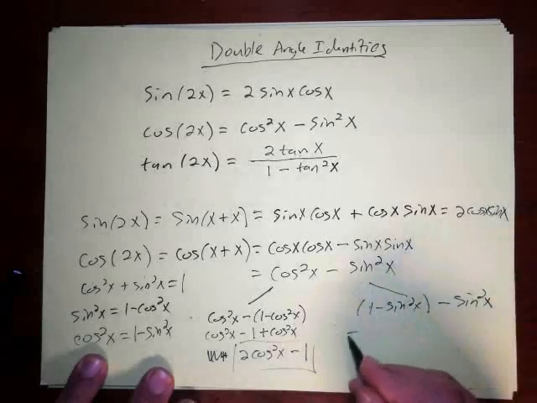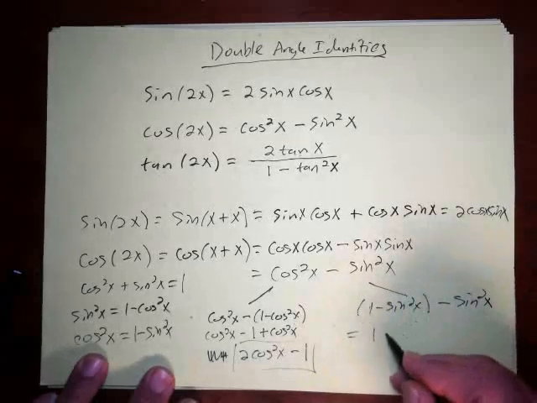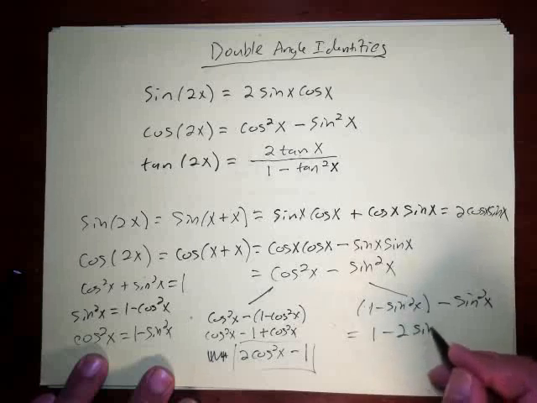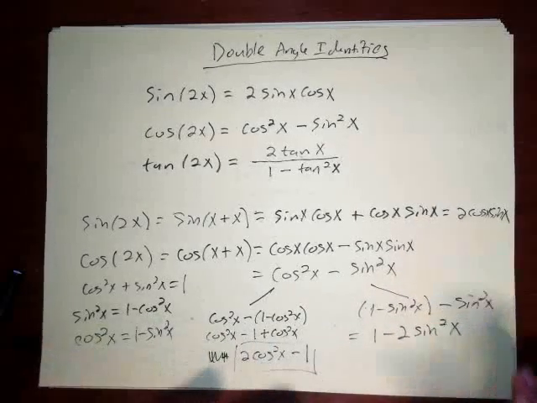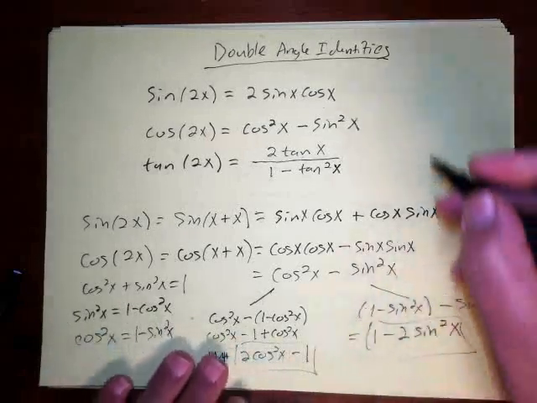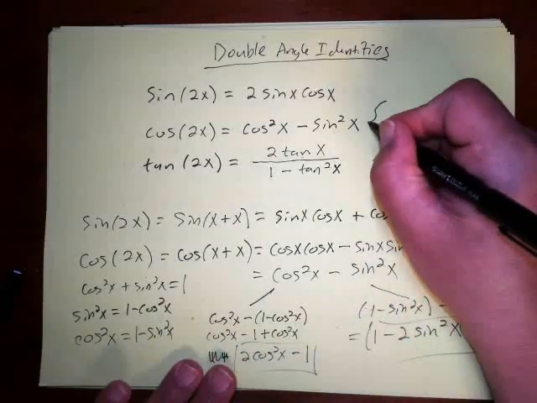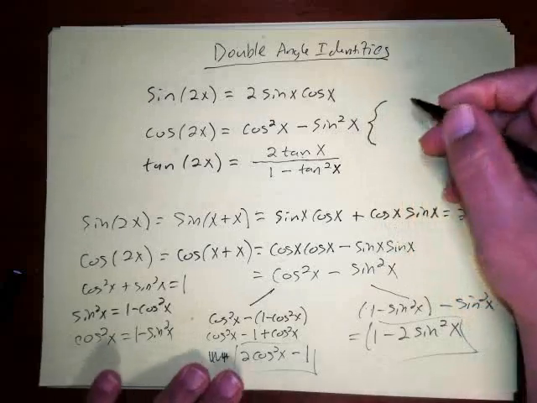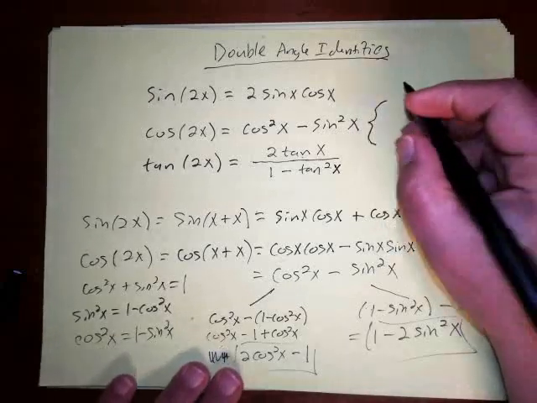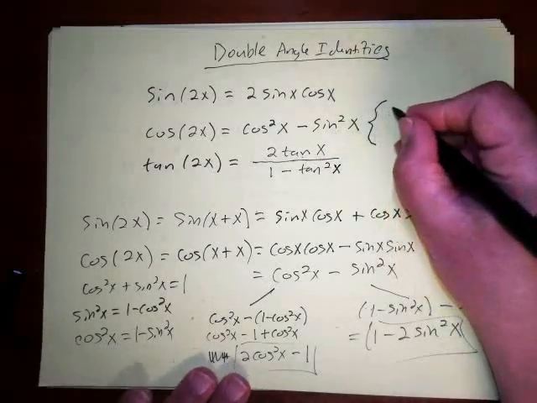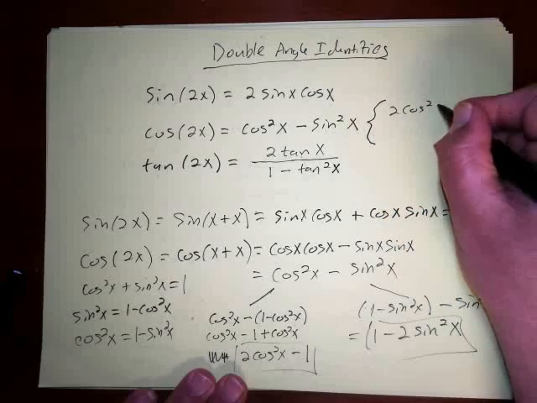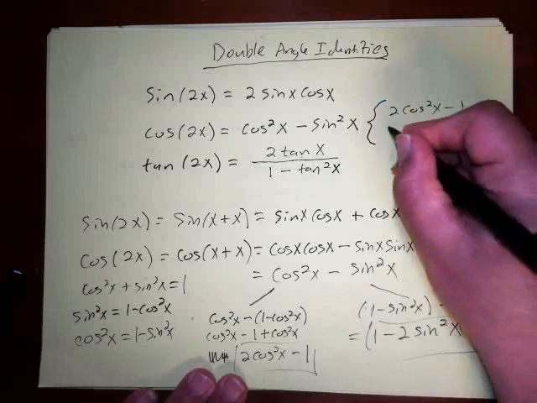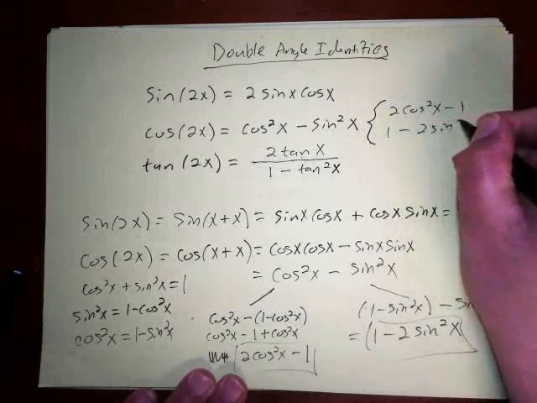And so basically I just combine those two and I get 1 minus 2 sine squared x. Oftentimes these are given when they list out the identities, so you could also use 2 cosine squared x minus 1, or 1 minus 2 sine squared x.